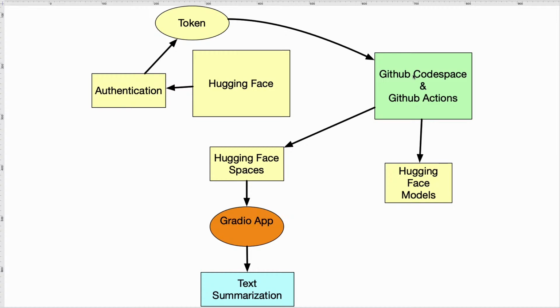Then once I've developed it, I'll programmatically push it using GitHub Actions. This will be able to use a Hugging Face model that it was actually able to pull from Hugging Face. It'll go into Hugging Face Spaces and use a technology called Gradio. I'll build out an app and then I'll be able to do text summarization using that application. Let's go ahead and get started.